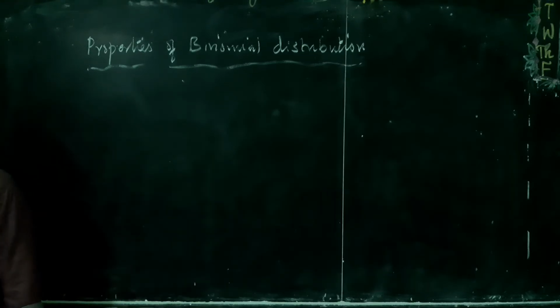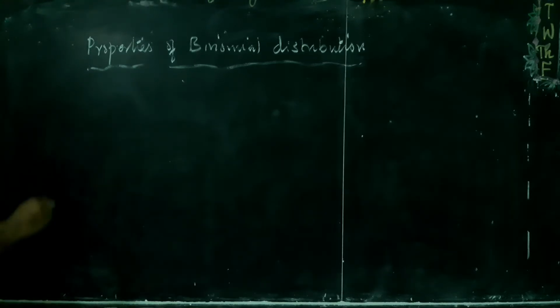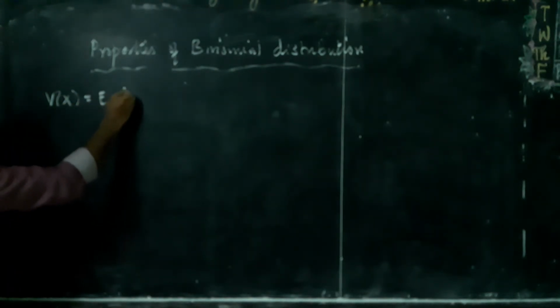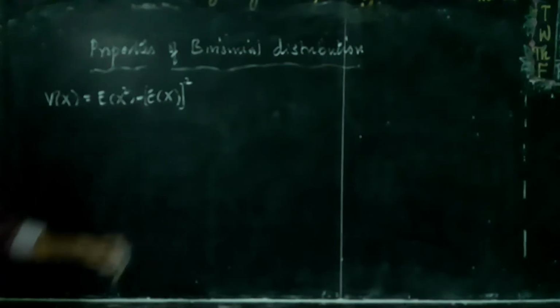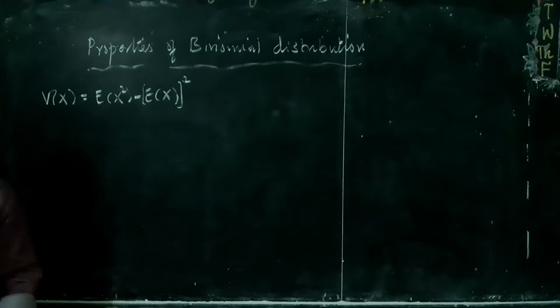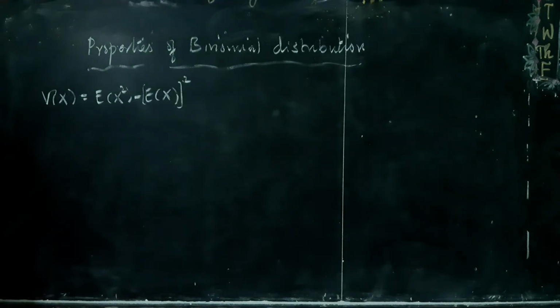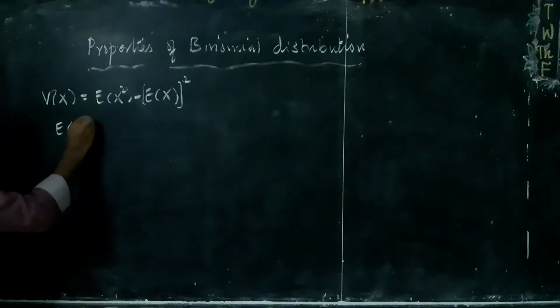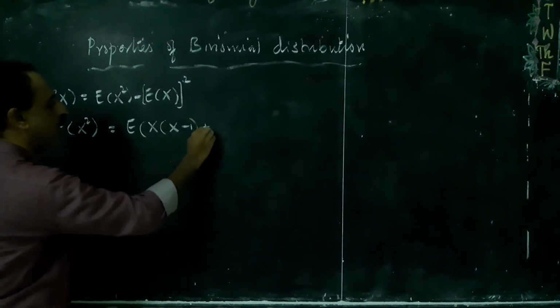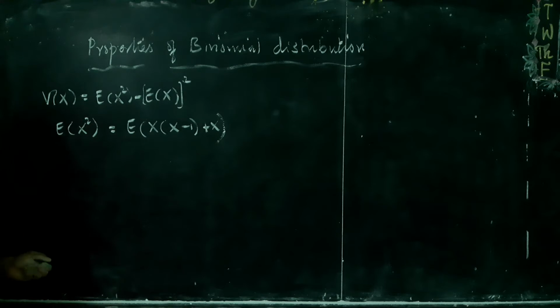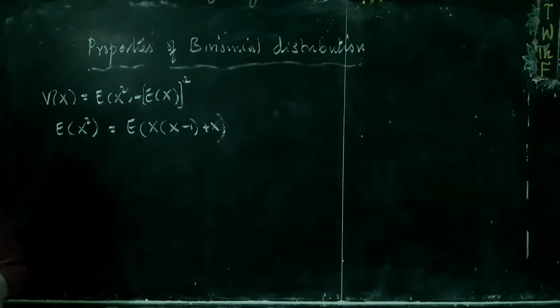To discuss the variance of binomial distribution, we consider the equation of variance given by V(x) equals E of x square minus (E of x) the whole square. Here, the second term E of x is already determined as np, so I have to find out only E of x square. See, E of x square is obtained using the equation E of x into (x minus 1) plus x, because here we cannot consider E of x square as the summation of x square p of x.